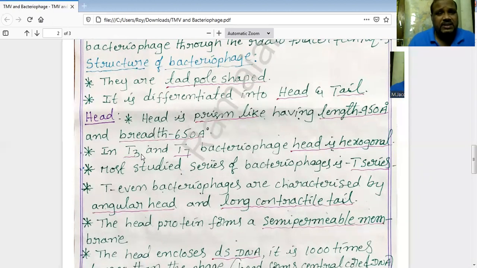In T3 and T7 bacteriophage, head is hexagonal. The most studied series of bacteriophage is the T series. T-even bacteriophages are characterized by an angular head and a long contractile tail.